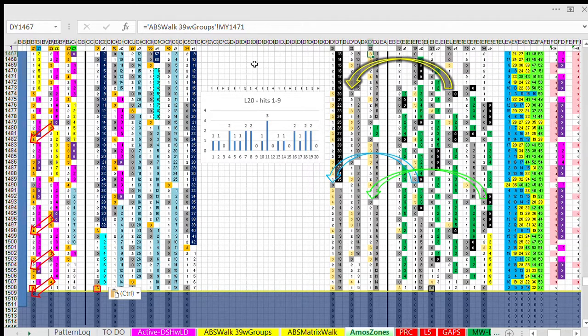So the count here and the count here is the same, except here I'm looking for multiples, and here I'm looking for no scores. So the pattern here is pink for multiples, and here I put green for no scores.